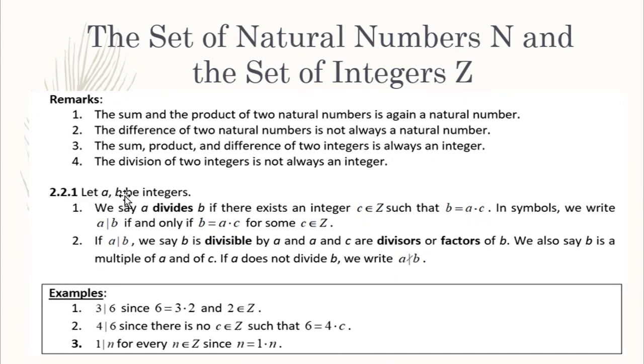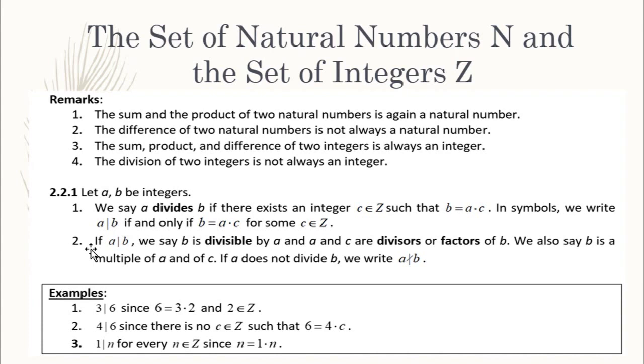Let A and B be integers. We say A divides B if there exists an integer C, which is an element of the integers, such that B is equal to A times C. In symbols, we write A divides B if and only if B is equal to A times C for some C, which is an element of integers.